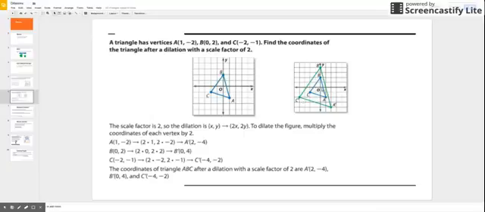So A prime is at (2, -4), B prime is at (0, 4), and C prime is at (-4, -2). Now really quickly, you can just eyeball it and see that the one in the green is 2 times the size of the one in the blue.